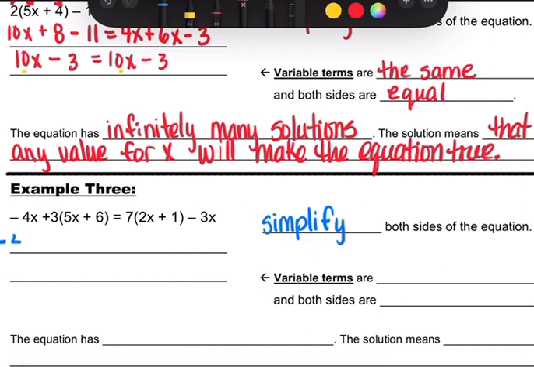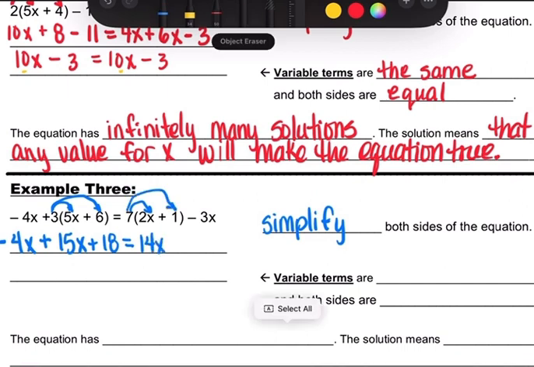So we simplify both sides of the equation, which means we're going to apply the distributive property. So we're going to bring down that negative 4x, which is the same as a minus 4x, and we'll distribute that 3. 3 times 5x is 15x, plus 3 times 6 is 18, equals 7 times 2x is 14x, plus 7 times 1 is 7.